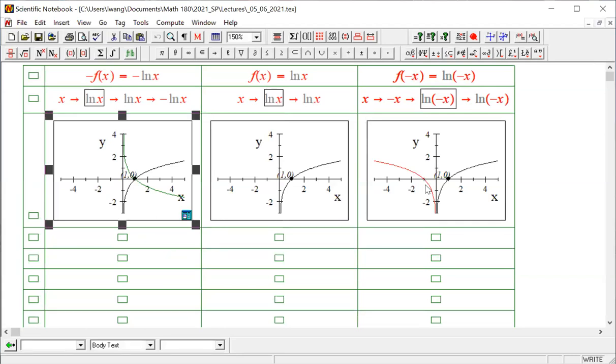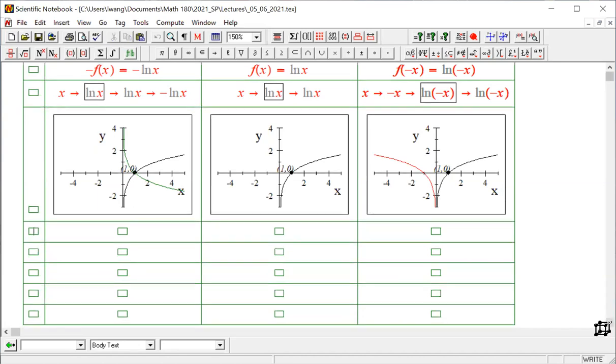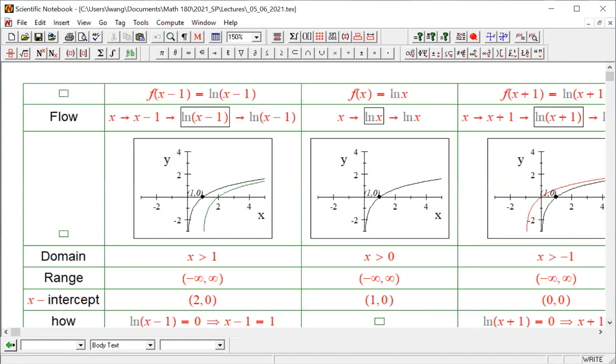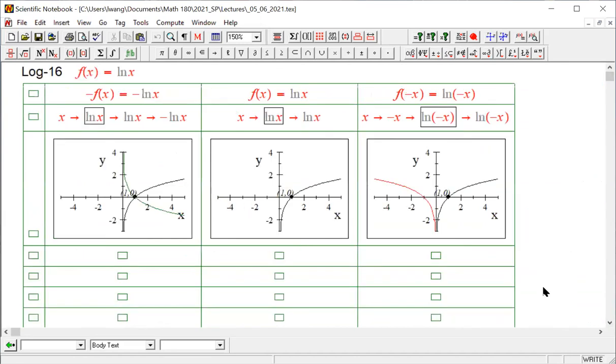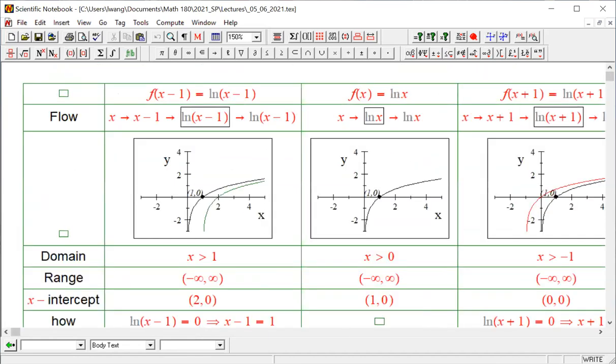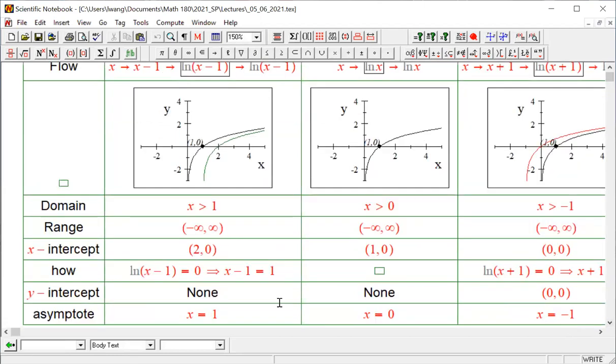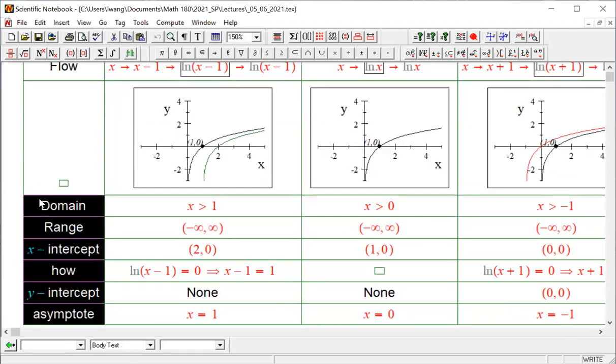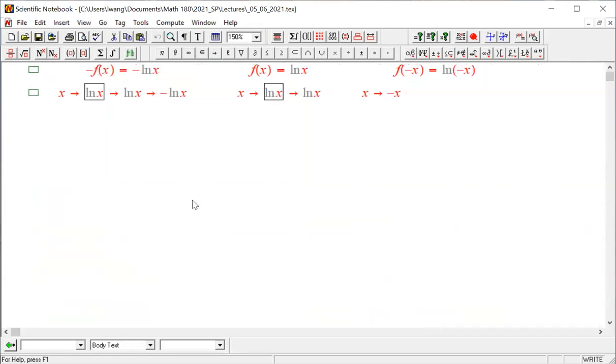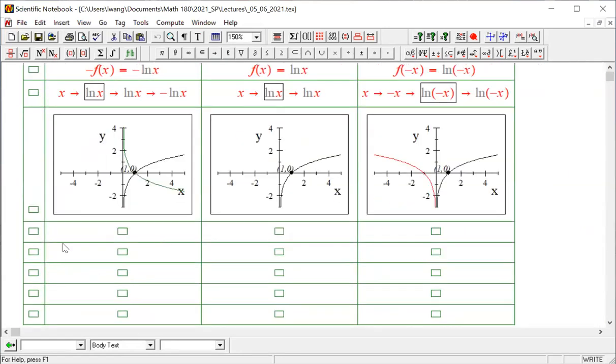Okay, so they're all on the same scale, so we can compare. So let's look at the domain, range and all of that stuff. You don't mind if we go over just a little bit, right? It shouldn't take too much more time. Okay, so let's finish.